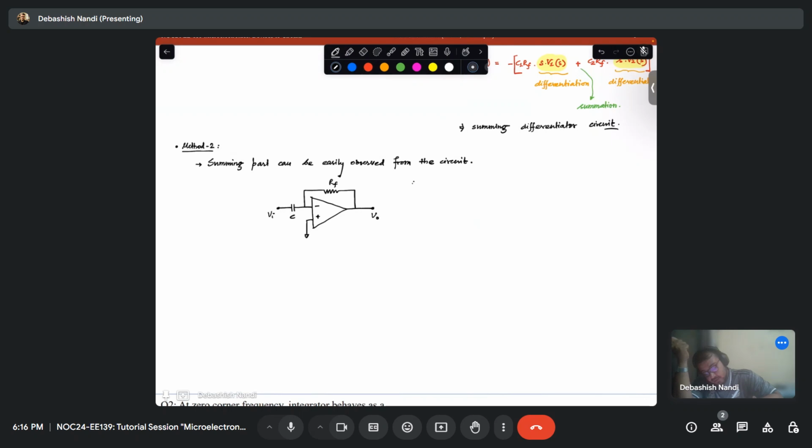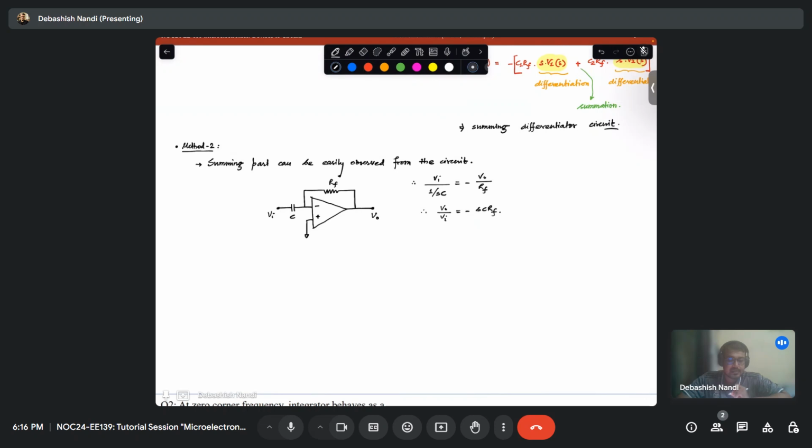So again, under the same assumption of an ideal op-amp connected in negative feedback, we can directly write that Vi over 1 over SC is equal to minus V0 by RF. So your V0 by Vi is nothing but minus SC RF.